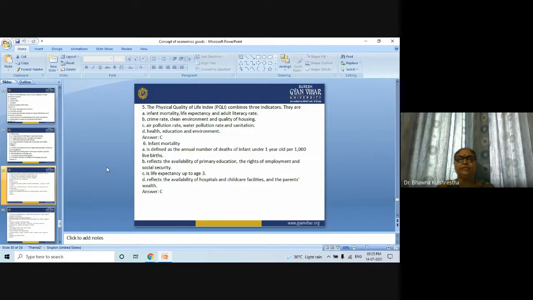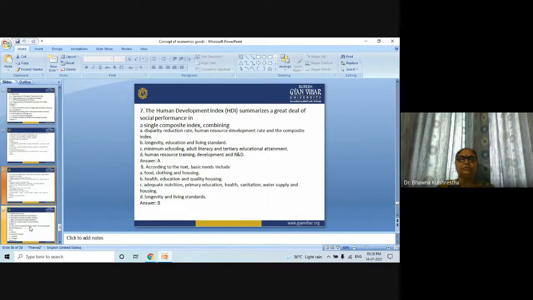And next is life expectancy up to age 3. And the last option is reflects the availability of hospitals and child care facilities and the parents' wealth. Answer of this question is life expectancy up to age 3. This is the answer.